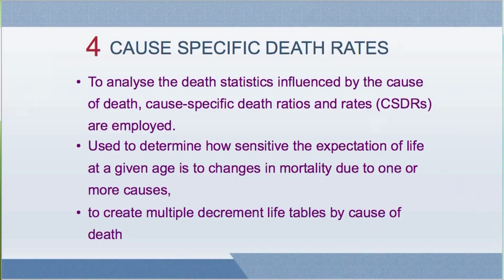When comparing the causes of deaths of two populations or tracking the time trend of a specific population, the two tools, that is the CSD ratios and rates, come in very handy. These are also used to determine how sensitive the expectation of life at a given age is to changes in mortality due to one or more causes, and to create multiple decrement life tables by causes of death.